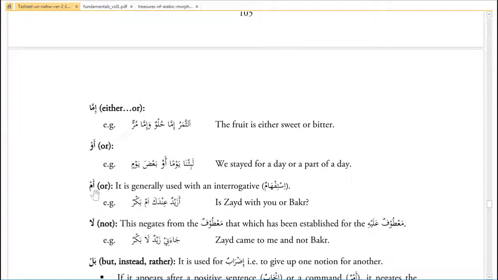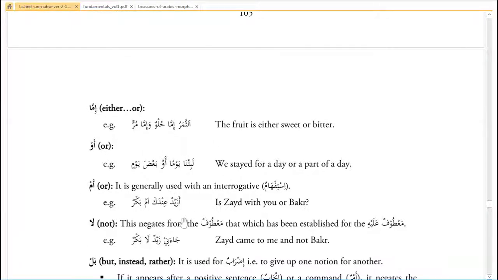أم is also used for or. But it is just used for istifham. Istifham is, we studied asking a question, it's called istifham. If someone is asking a question, so أم is used mostly for istifham.